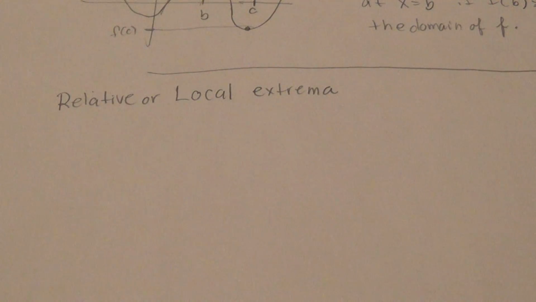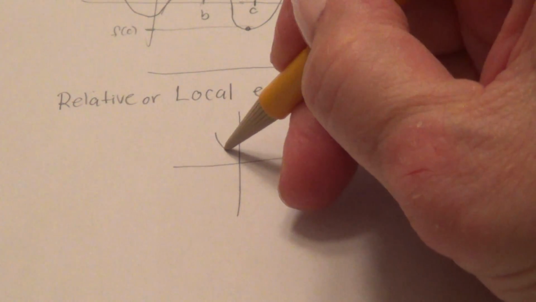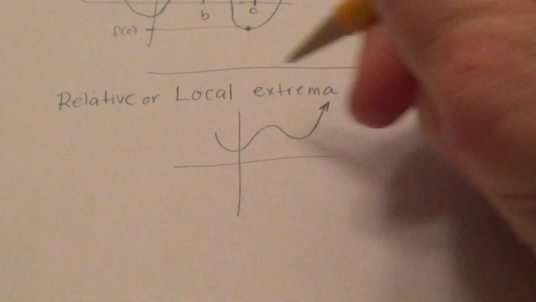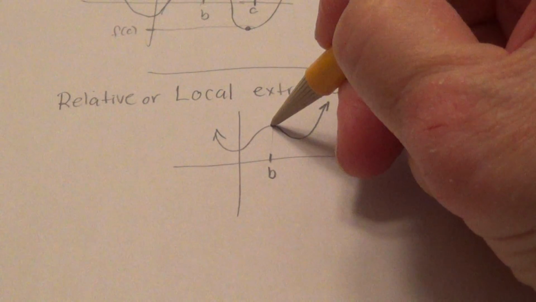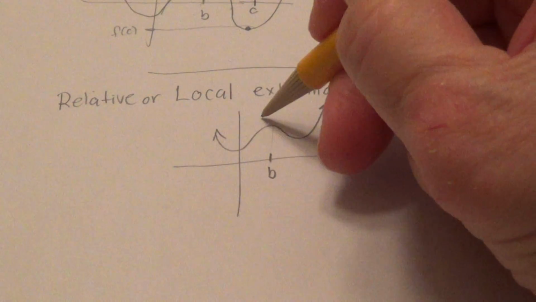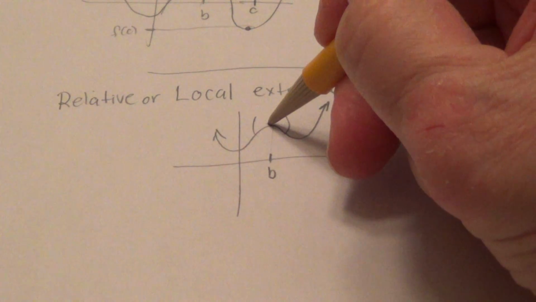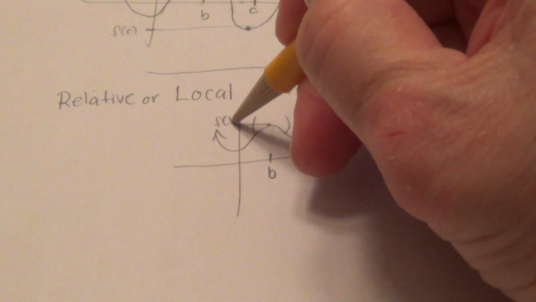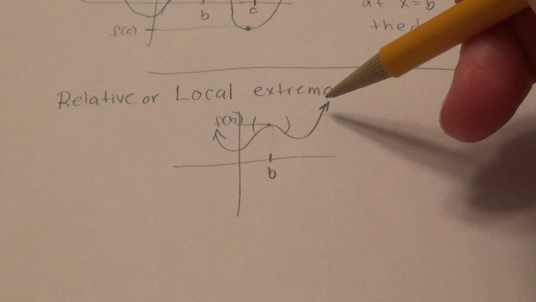So that would look more like this. Say we had a value for b, and in the area right around x equals b, this is the highest point. So we call that a local or a relative maximum.